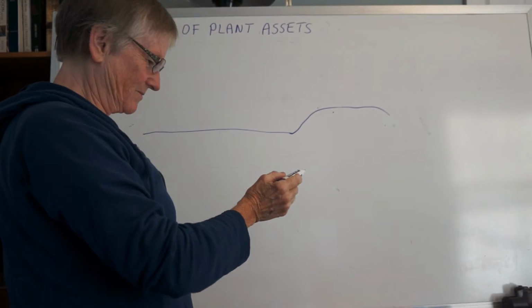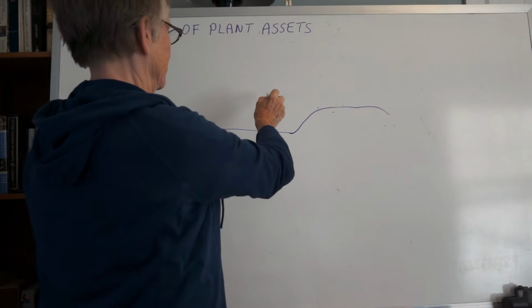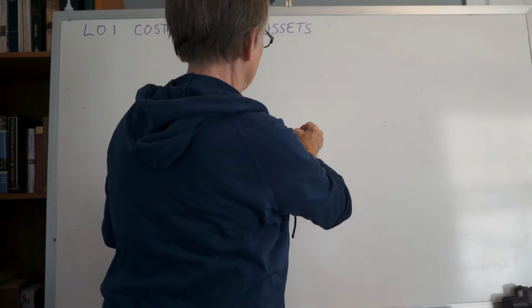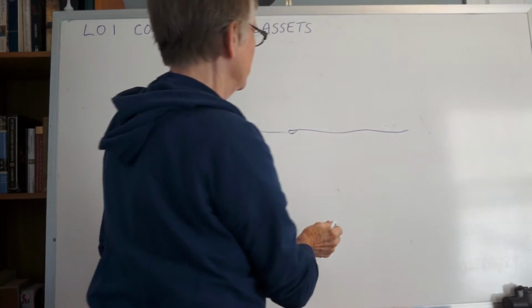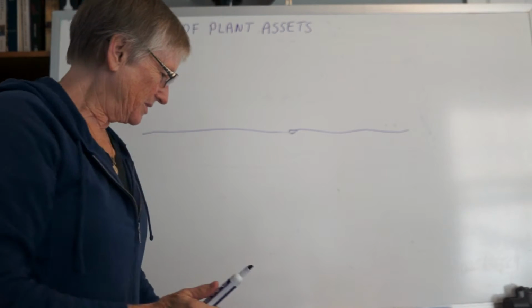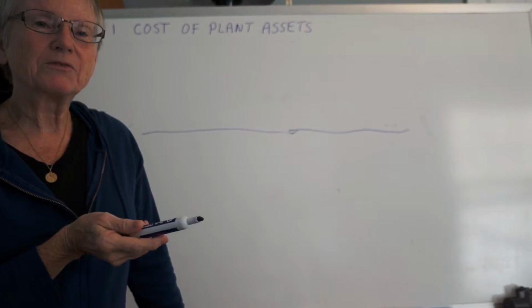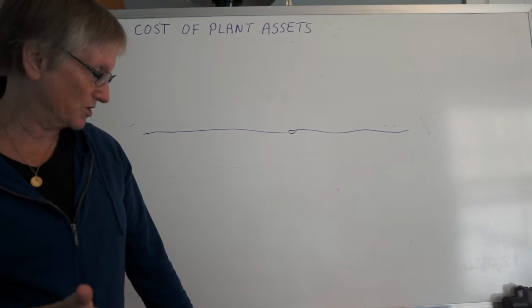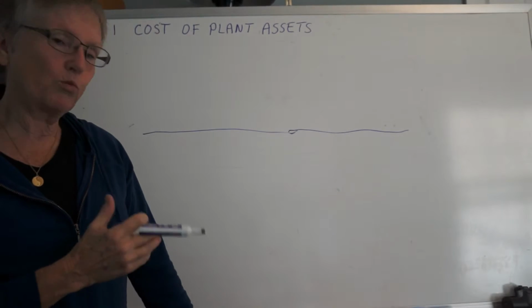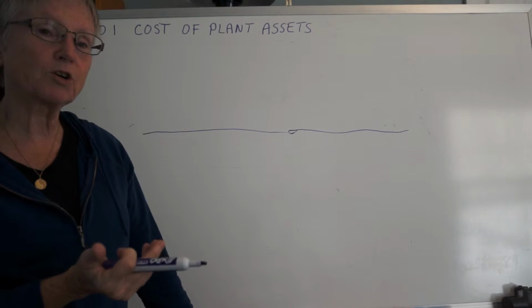I can't draw a bulldozer, but you might have to bulldoze all of the land down to get it sort of level so that you can start your building. So basically, the costs of getting land ready for its intended use could include tree removal, grading to prepare the site, and water and sewer lines that are going to be more or less permanent.